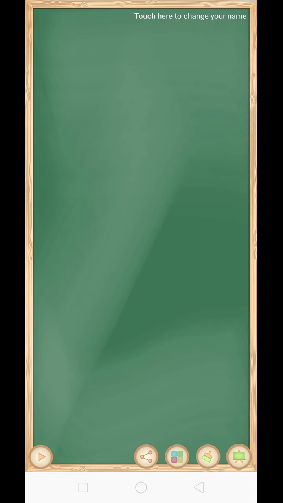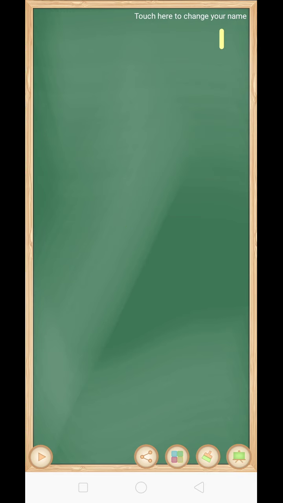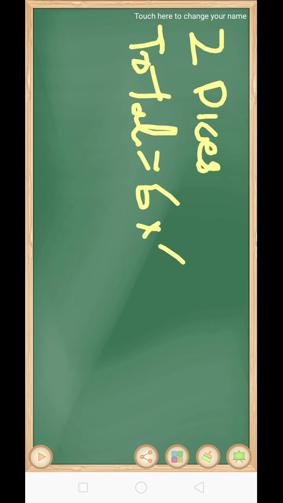Given two dice, as you know, the total number of outcomes is 6 into 6, that is 36.